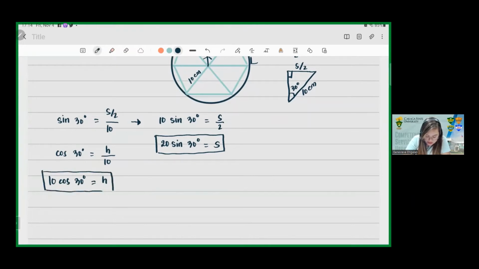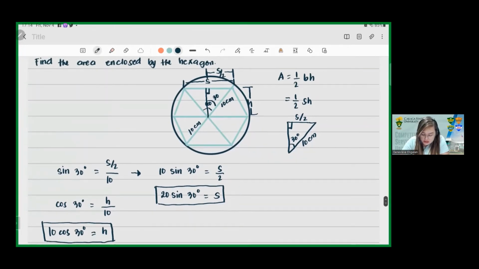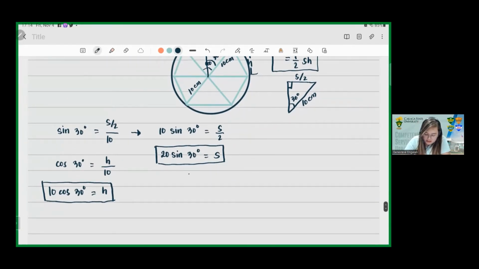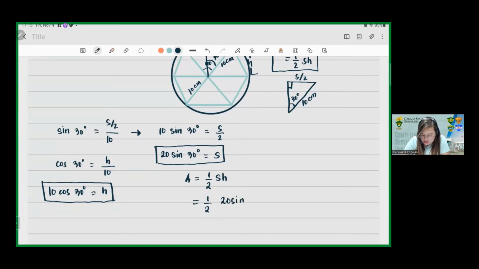Okay. So we can now get one triangle. The area of one triangle is one half side times the height. The side is 20 sine 30 degrees times the height, which is 10 cosine of 30 degrees.